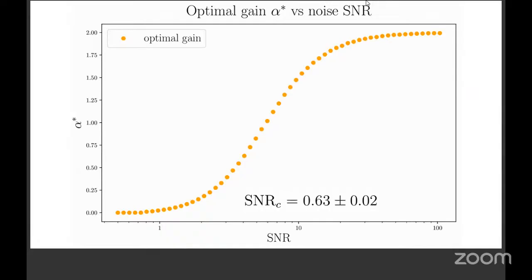Notice that for high values of signal to noise ratio, that is nearly perfect measurements, that gain approaches 2. That was the symmetric updating. And for low values, it goes down until a critical value, signal to noise ratio of 0.63.